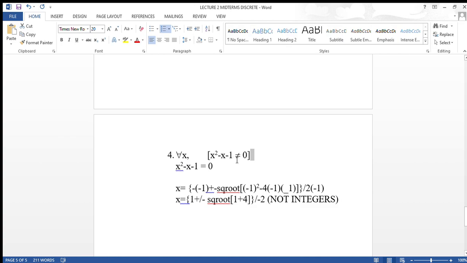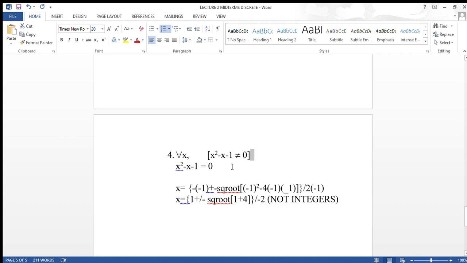Okay? So, if up to this point it's not clear on what will be the root value of this, let's say you get a value of 2 for your x. So you have 2 squared is 4, minus 2 is 2, minus 1 is 1. 1 is not equal to 0. Isn't it?